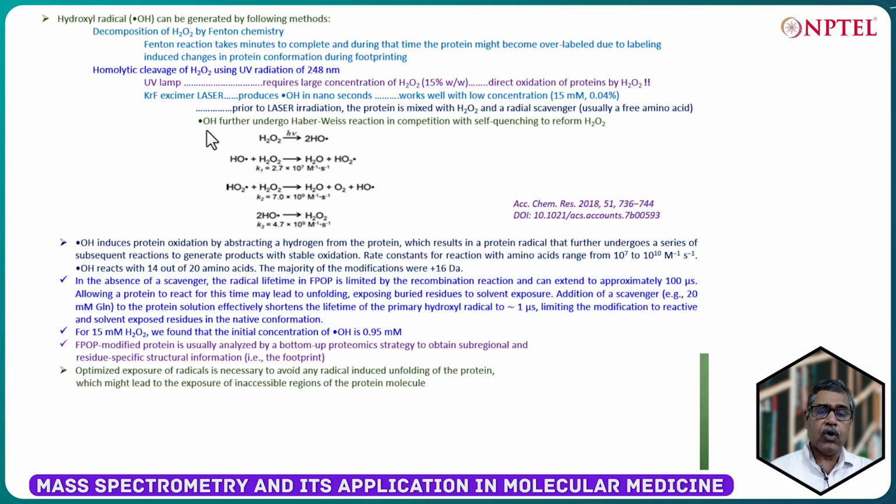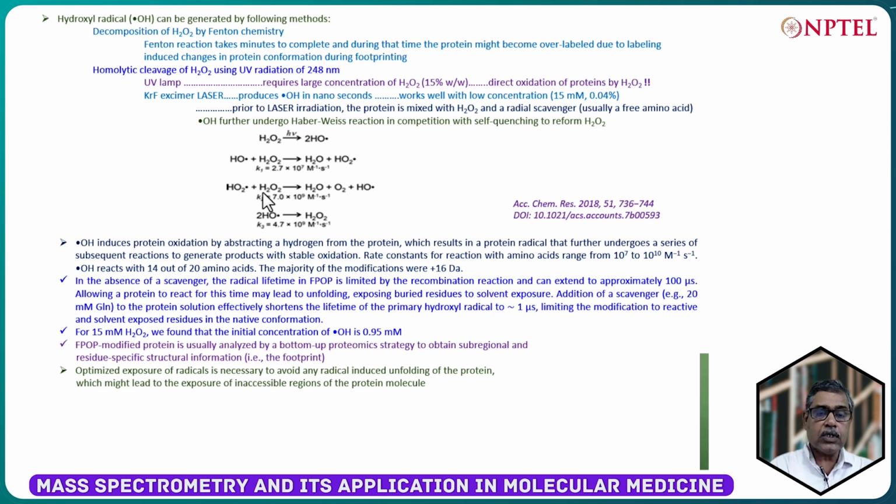Now, OH dot, once it is generated, undergoes Haber-Weiss reaction in competition with the self-quenching to reform H2O2. That means, once we produce OH dot by the dissociation of H2O2 to 2 OH dot, then OH dot can attack another H2O2 molecule, generating H2O and HOO dot.